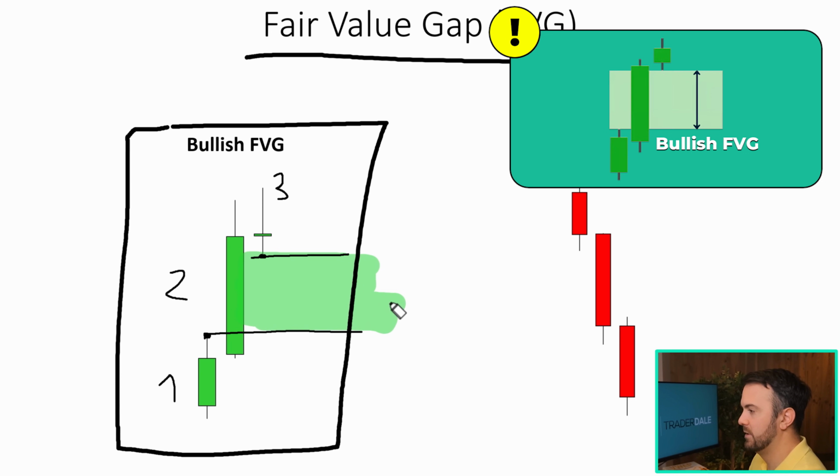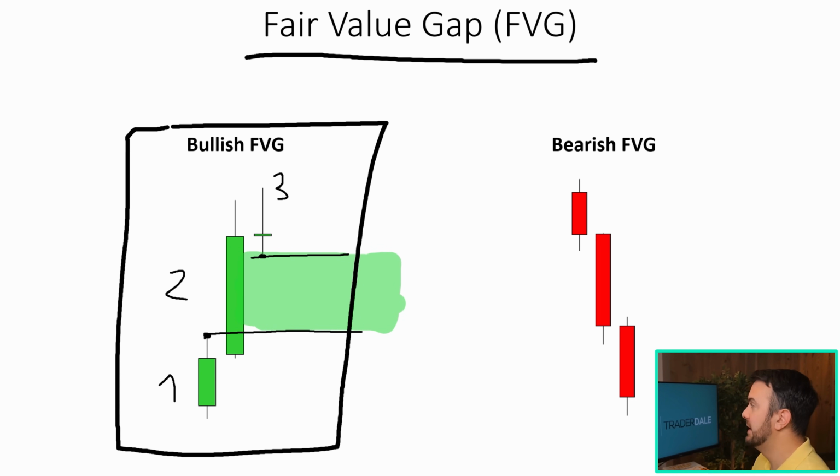This is what's called the fair value gap. It doesn't really matter if the first or third candle are bullish or bearish. The important thing is that there's that gap. So that's the fair value gap.